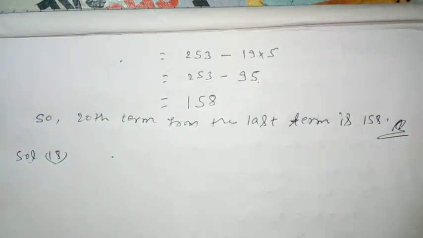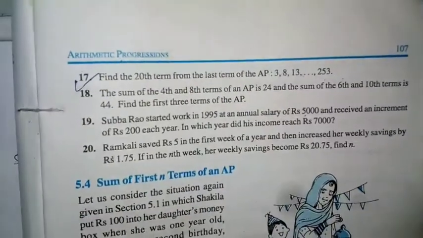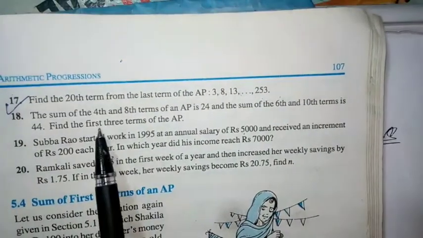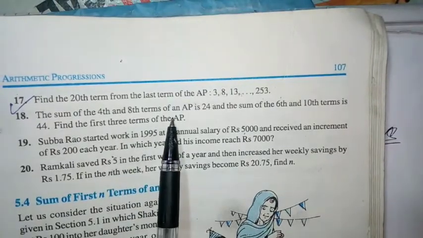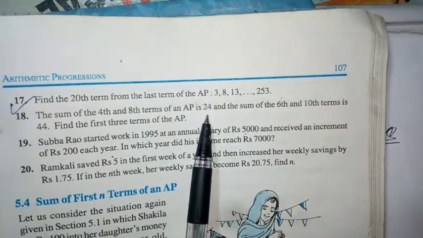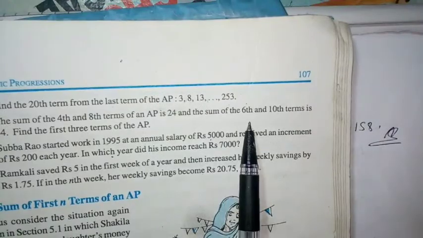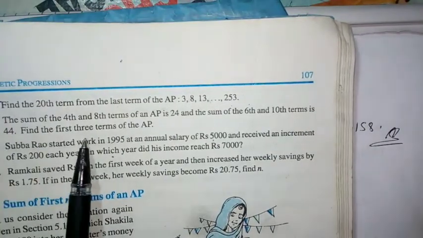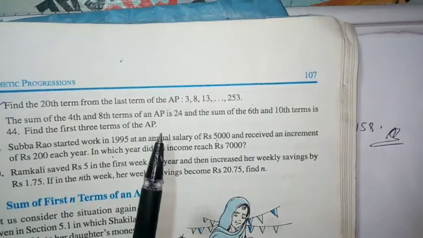The next question, question number 80, says the sum of the 4th and the 8th term of an AP is 24 and the sum of the 6th and 10th term is 44. Find the first 3 terms of the AP.